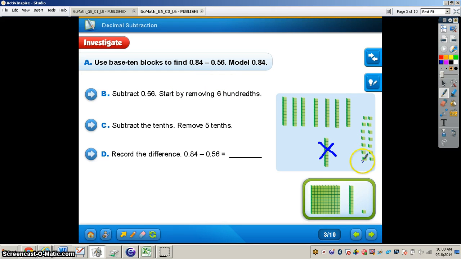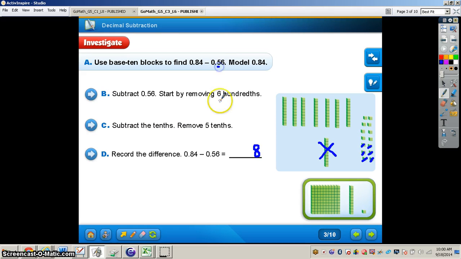Now I can start removing my 6 hundredths. So we can cross out 6 of these. 1, 2, 3, 4, 5, 6. Which leaves me with 1, 2, 3, 4, 5, 6, 7, 8 hundredths. So we can put an 8 down for right now, representing the number in the hundredths place. Then we need to subtract the tenths.